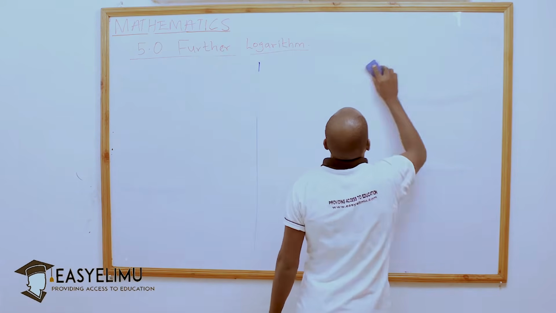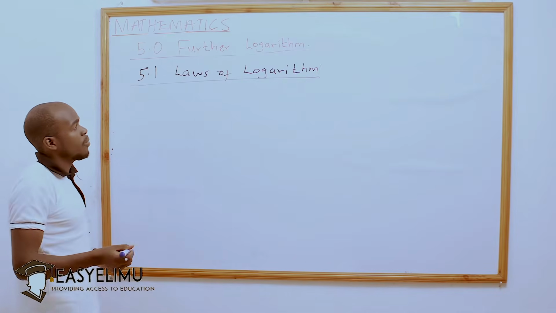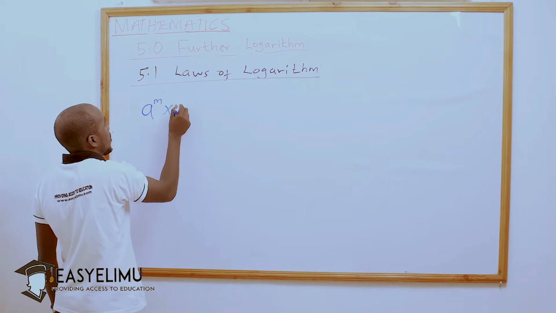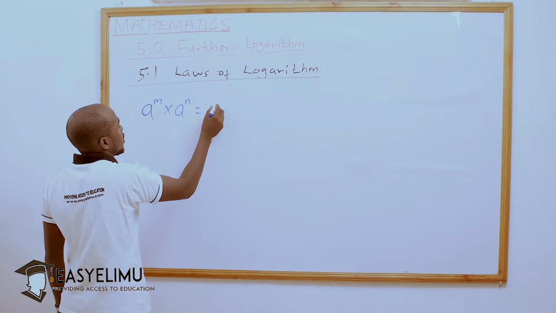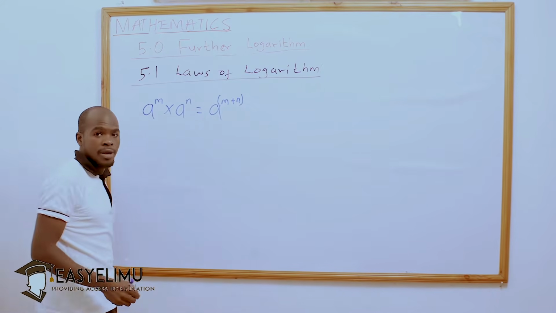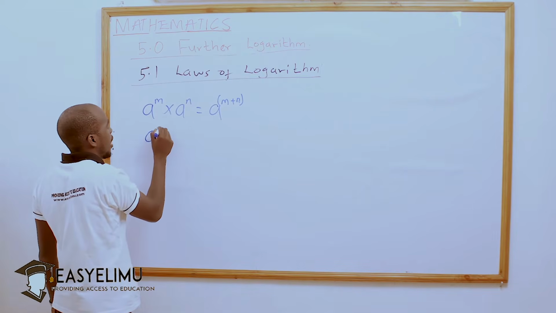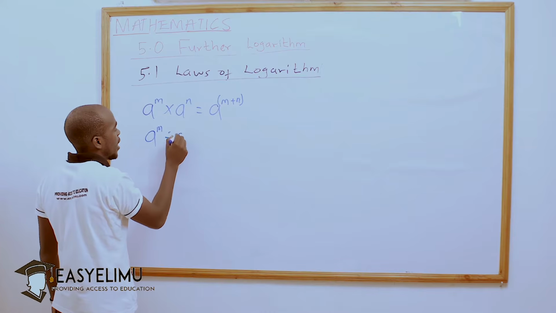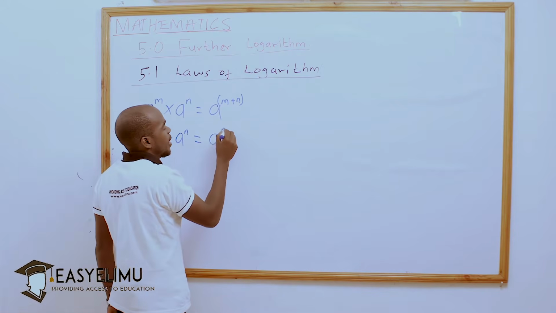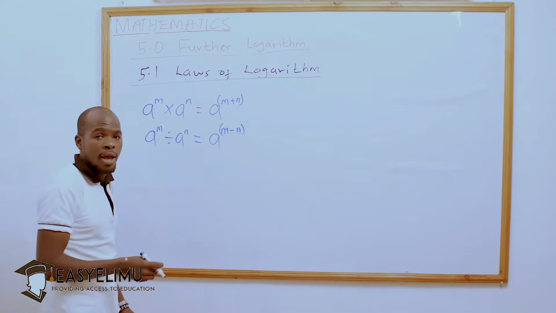That is, further laws of logarithm. From Form 2, we learned from the laws of logarithm that a raised to m multiplied by a raised to n is the same as taking a and summing up the power, if you remember very well. And if it is a raised to m divided by a raised to n, it's the same as taking a to the power m minus n, where you find the difference in the power.